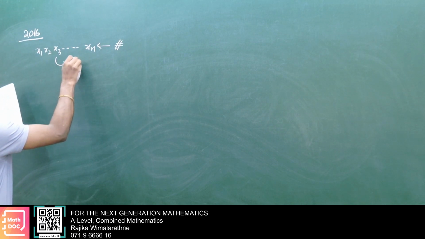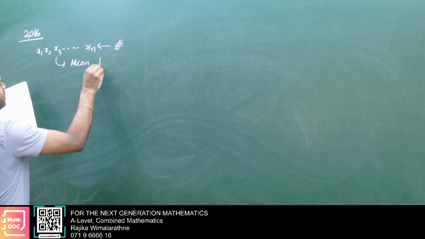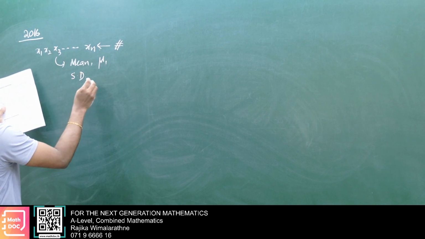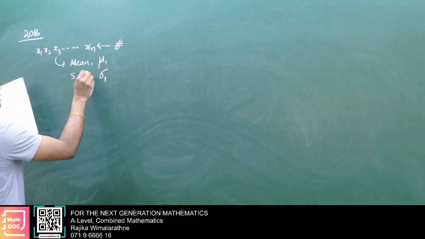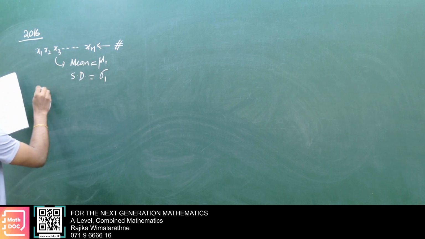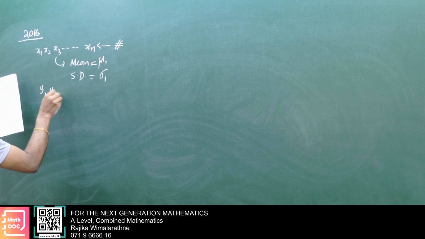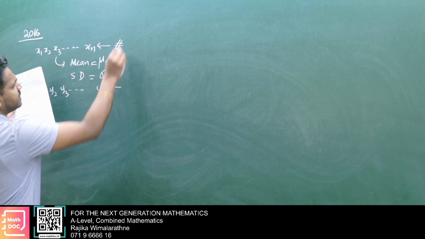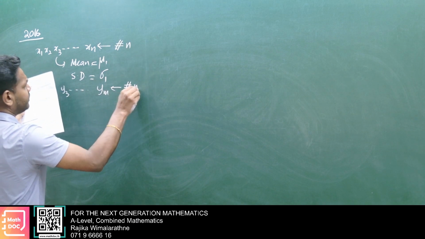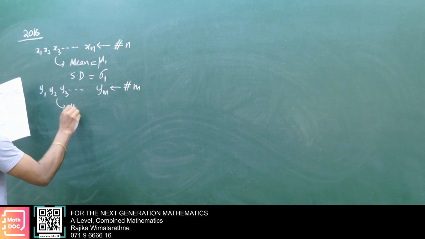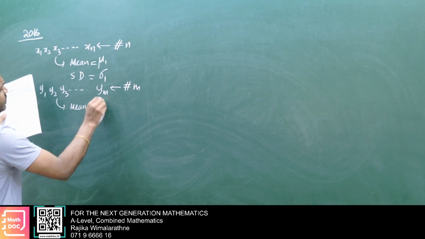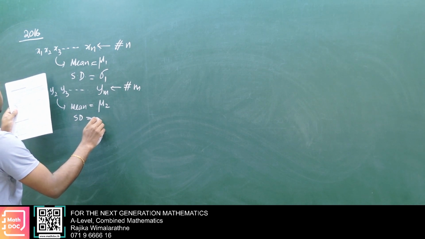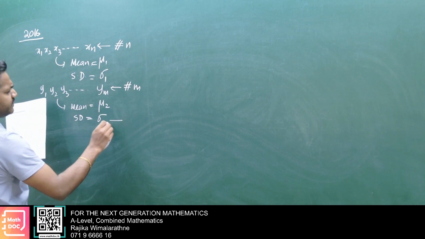With mean mu1 and standard deviation sigma 1. Then y1, y2, y3, up to ym, with count m, mean mu2 and standard deviation sigma 2 given.